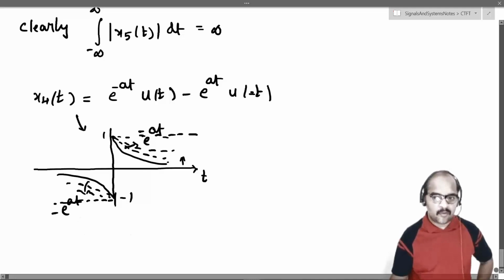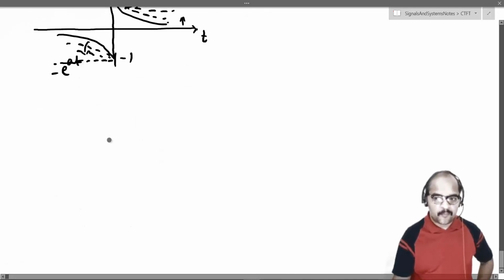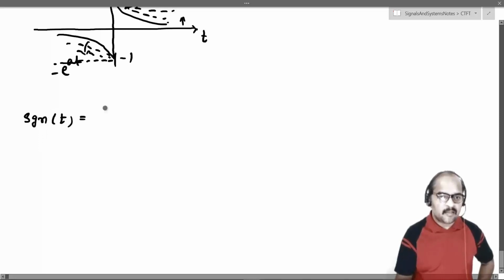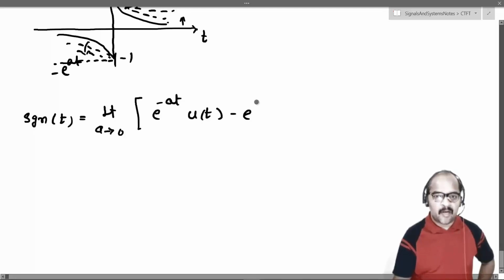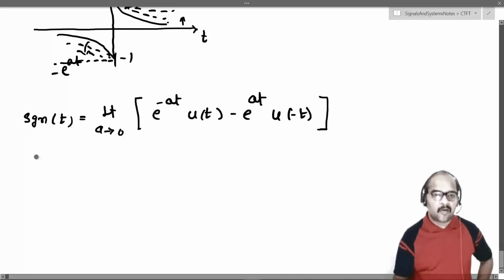So we can write signum of t is equal to limit a tends to 0 of e power minus at u of t minus e power at u of minus t. This is our x5 of t.